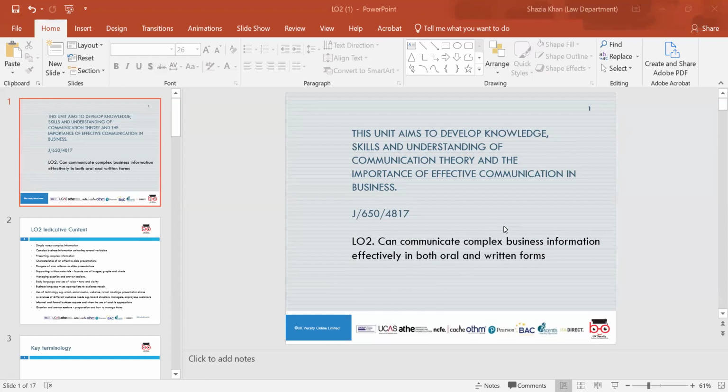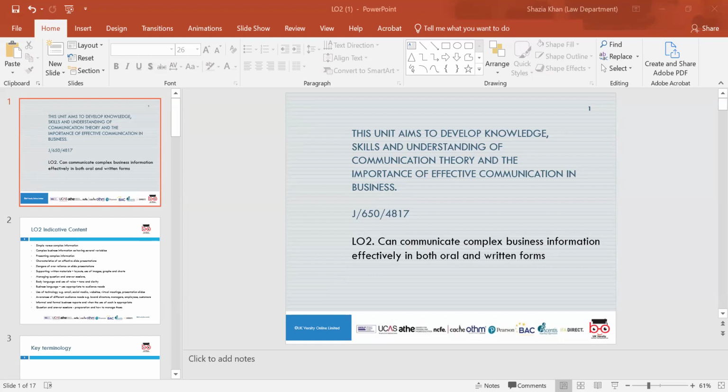I'm just going to give you a summary of what we did in Learning Outcome 1, yesterday. We looked at developing knowledge and skills and understanding communication theory and the importance of effective communication in business.